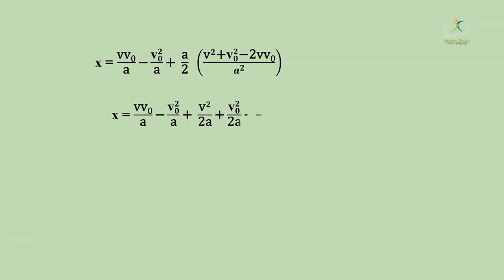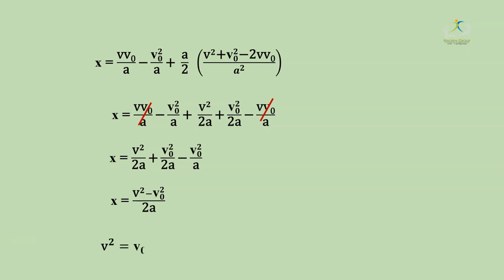After a bit of calculation, these terms cancel out and we get x is equal to (v square minus v naught square) by 2a, which gives v square is equal to v naught square plus 2ax.